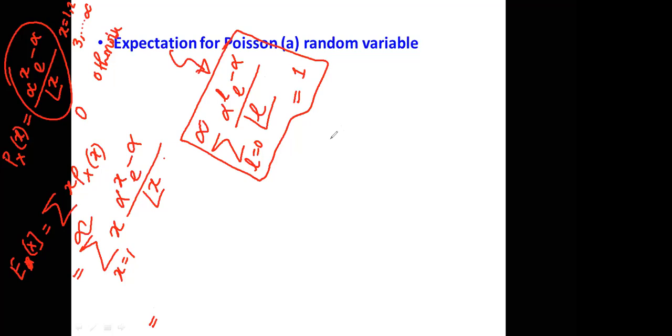We know that factorial x equals x into x minus 1 into x minus 2, and so on, down to 1. Can I say that this is equal to x into factorial x minus 1? Yes, sir.